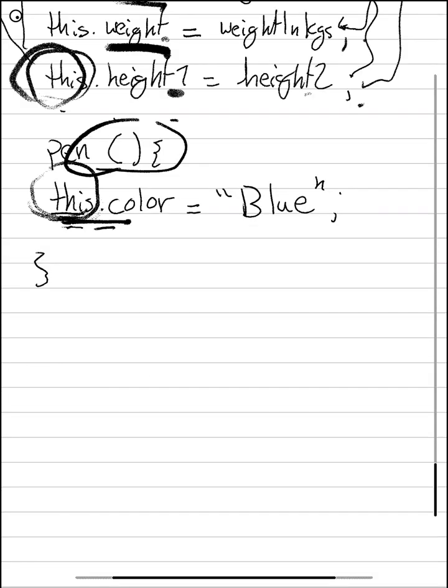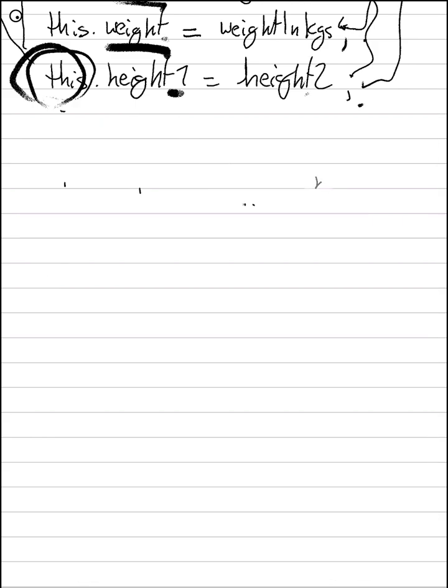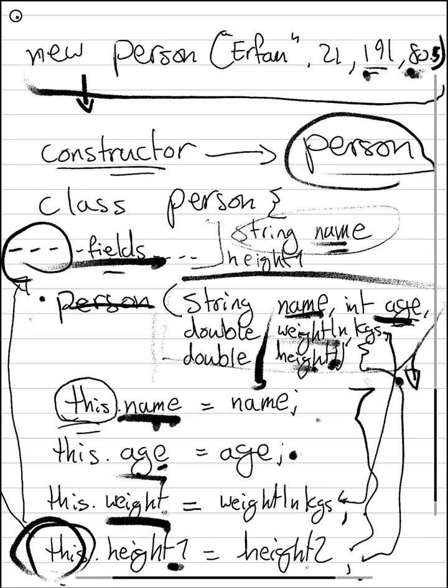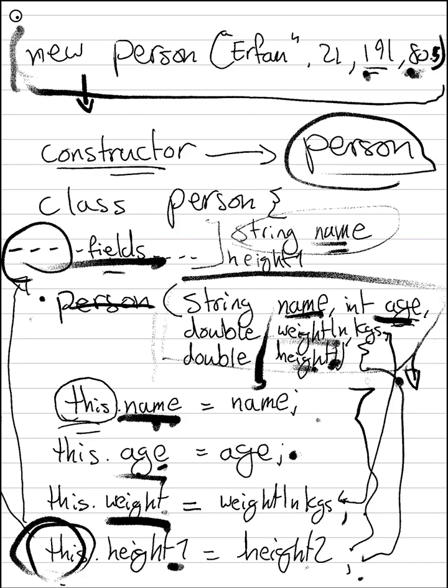So I'm going to delete the pen bit. So now what we wrote with the new person line right here, Java will say, oh okay, you're trying to create a new person.